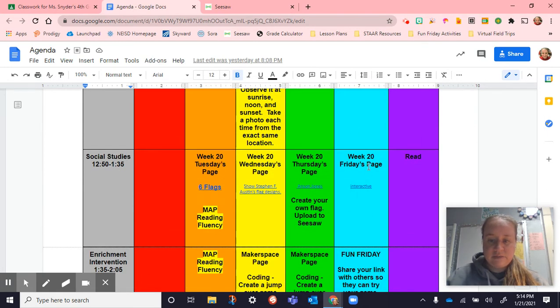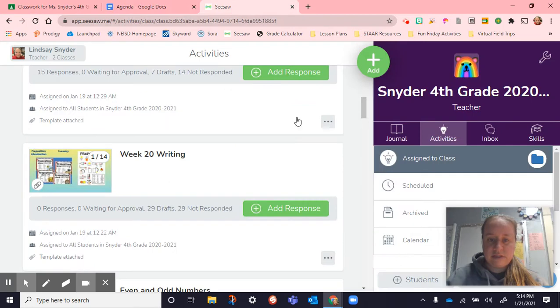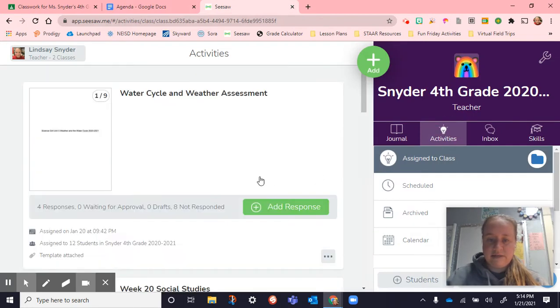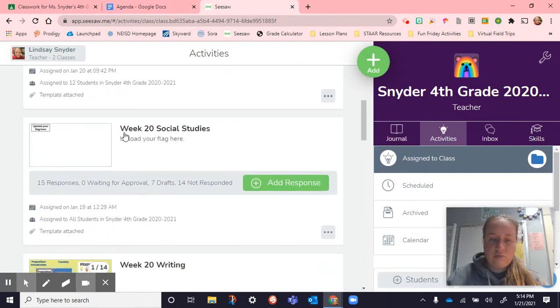In social studies, we did Thursday's page. You can click this link here. We also made our own flag and uploaded those into Seesaw. So in activities, go down, week 20, social studies, upload your flag here.